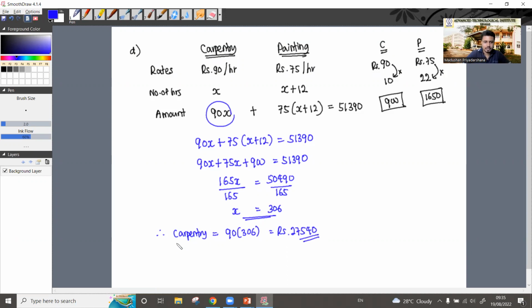For the painting department, this should be the amount to be allocated: 75 into x plus 12. The value of x is 306, plus 12. It means 306 plus 12, into 75.